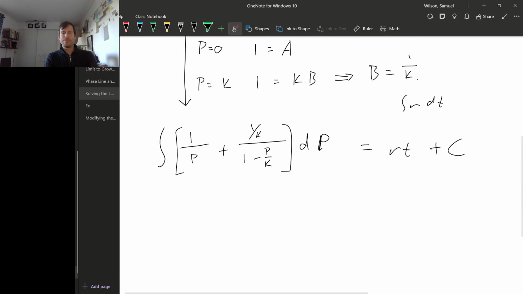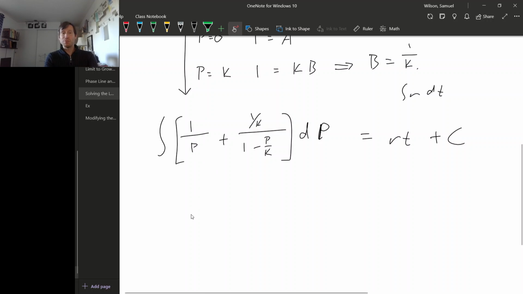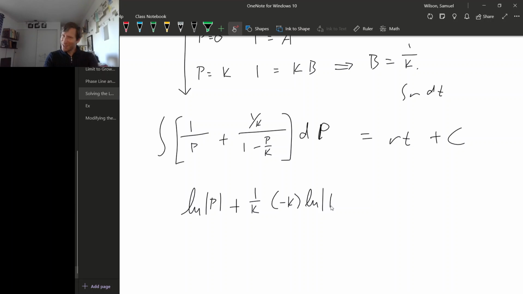All right. So the integral of 1 over p with respect to p, that's natural log absolute value of p, plus this 1 over k we can move out in front. So now we need the integral of 1 over 1 minus p over k. And that's actually minus k times natural log absolute value 1 minus p over k.